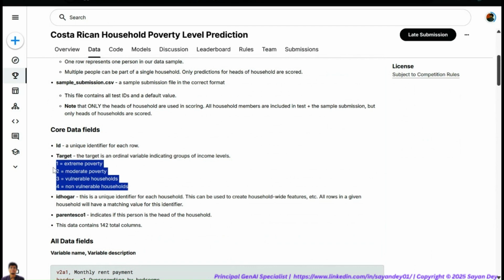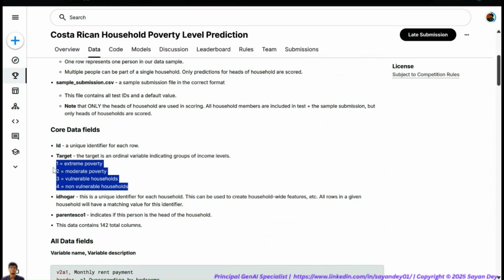Think about it, because we talked about the confusion matrix, right? So what are the steps involved? First step is you take the training data and you build a model. And after you build a model, you will evaluate your model against the test data. Just how we discussed, we will create a confusion matrix and evaluate the model against some test data. You will find a lot of cases where the model predicted extreme poverty, but actually it is moderate poverty.